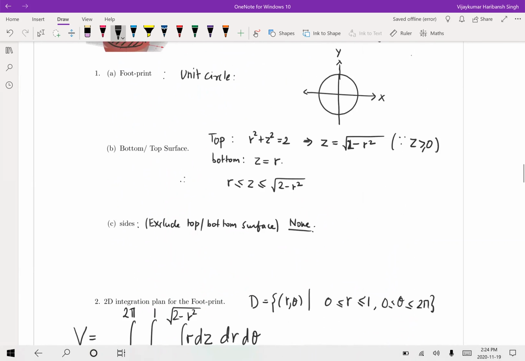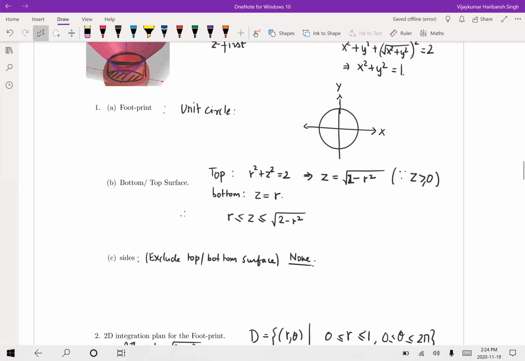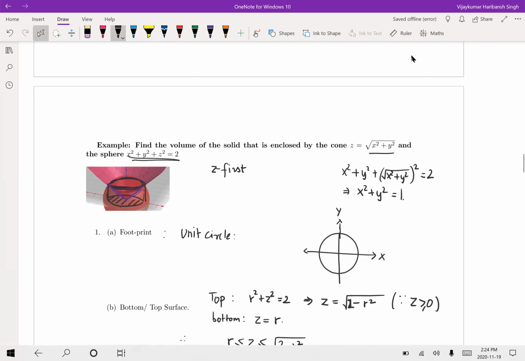Again, in this case, let's write down the solid E. So what did we get? We got the solid E in cylindrical. I'm just writing the subscript so that it's clear.